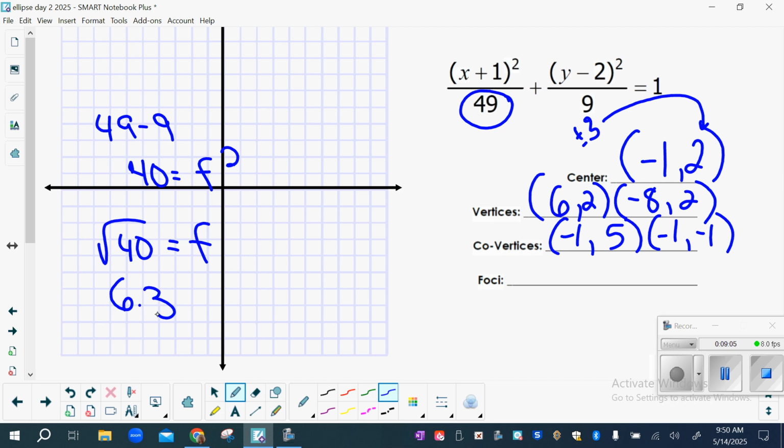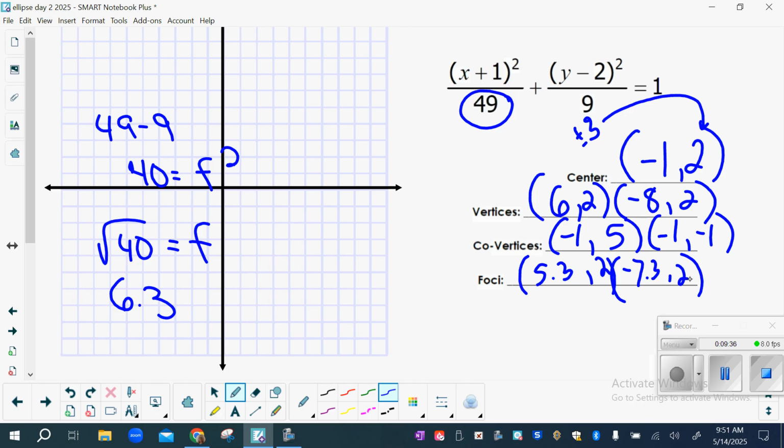You can graph it with 6.3 and count 6 jumps out and a little bit more, or you can do what I'm going to do and go to the center and add that 6.3 to this guy. So it's going to be 5.3, 2, and -7.3, 2.